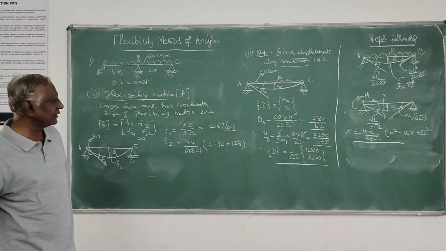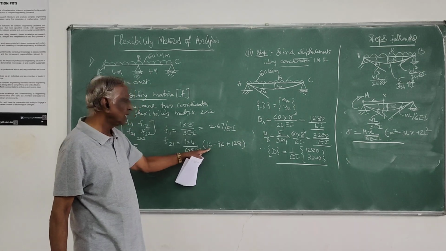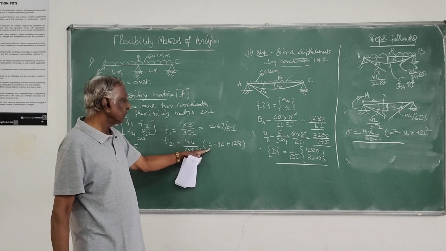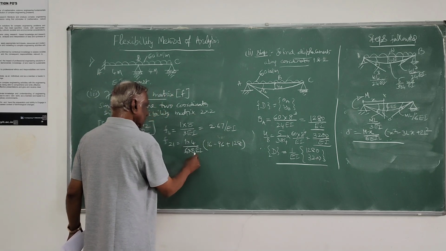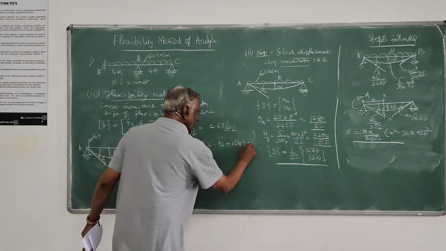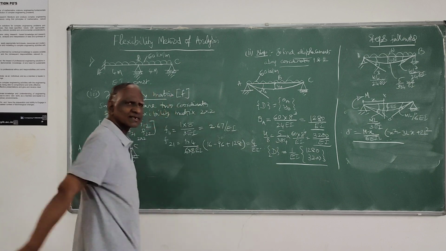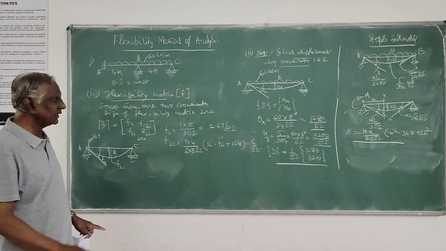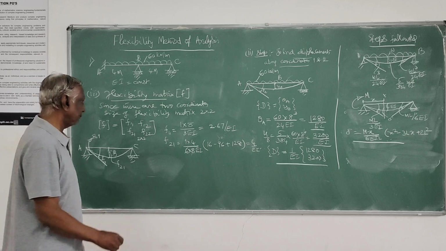So you can simplify: 128 minus 96 is 32, 32 plus 16 is 48. The 8 and 6 get cancelled, I think you will get 4 by EI. That's a simple calculation. You need not waste much time, provided you remember that formula.